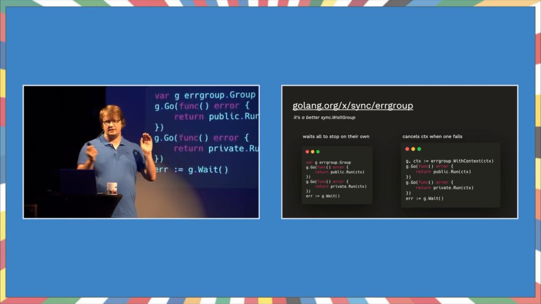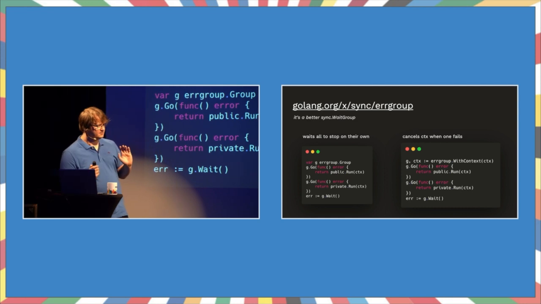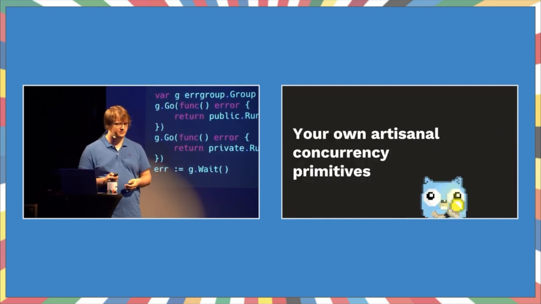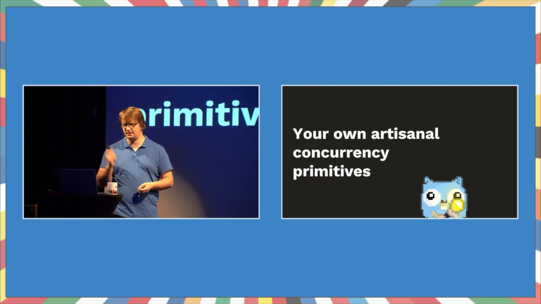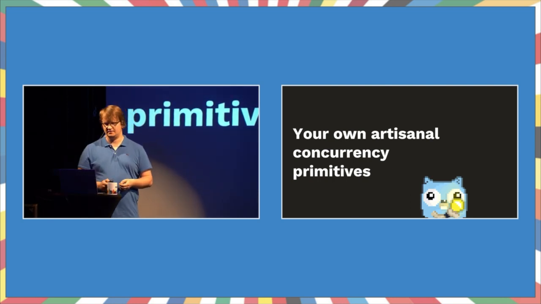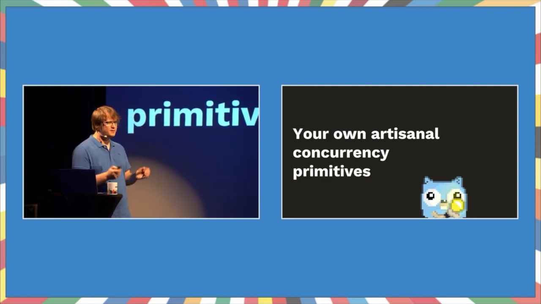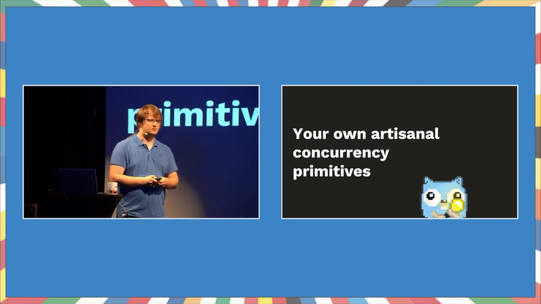And you might be wondering, what do I do if I cannot find my synchronization primitive? So let's build your own artisanal concurrency primitives. You might be thinking, I'm not smart enough to build a concurrency primitive.